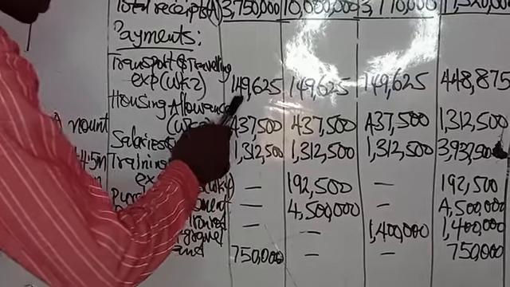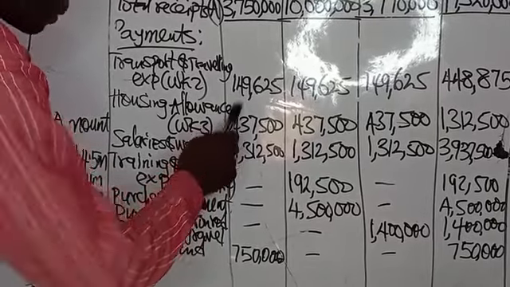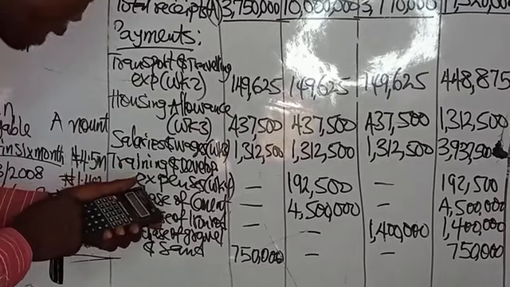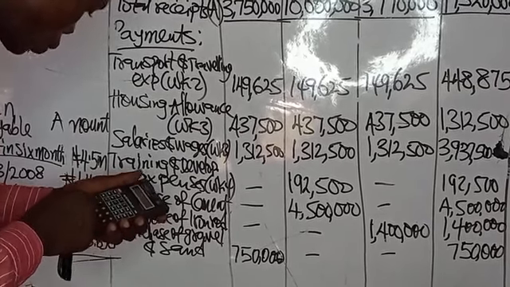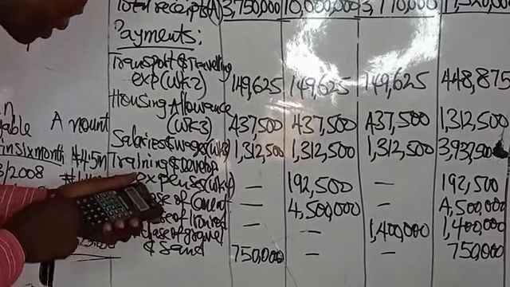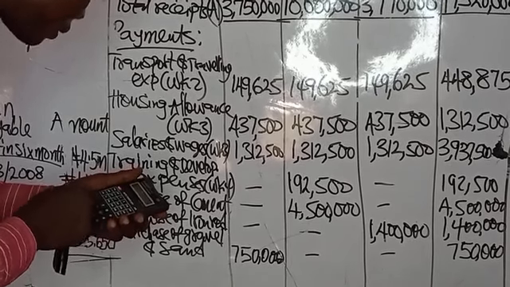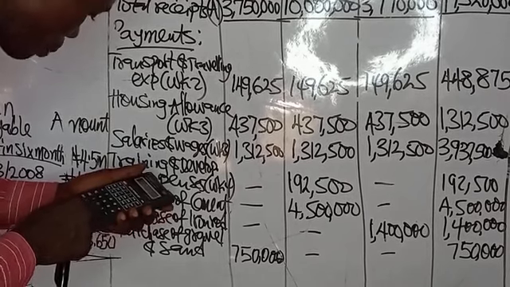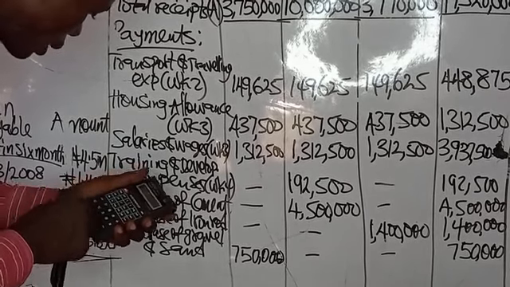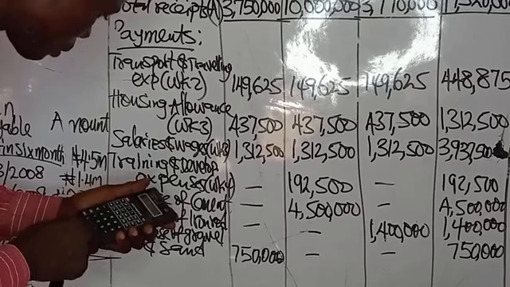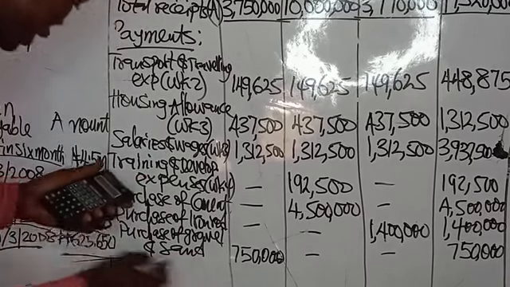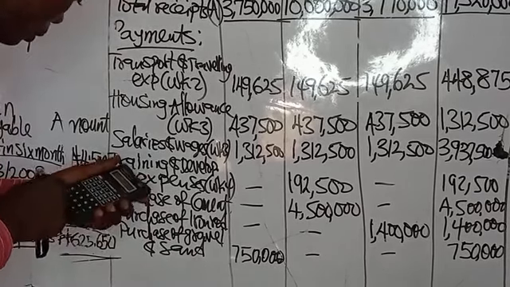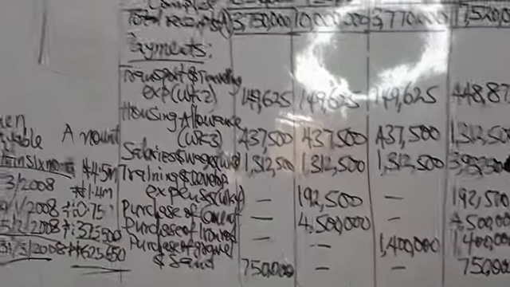Let's retotal the payment for the month of January. 149,625 plus 437,500 plus 1,312,500 plus 750,000.